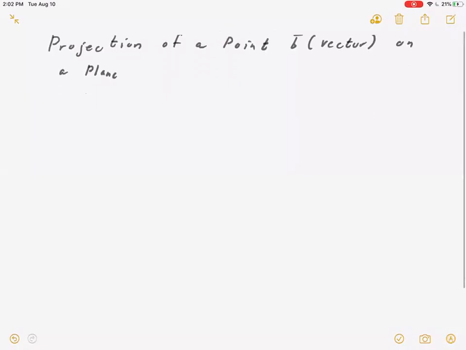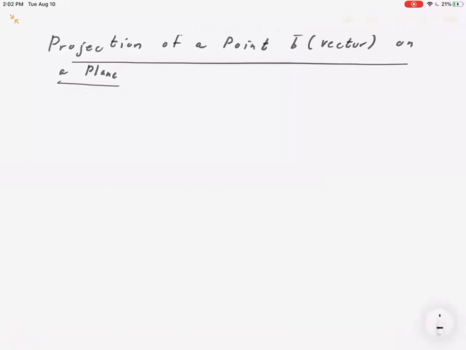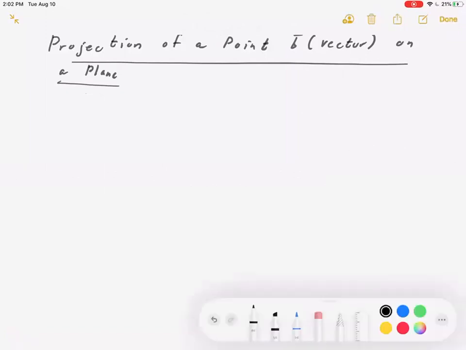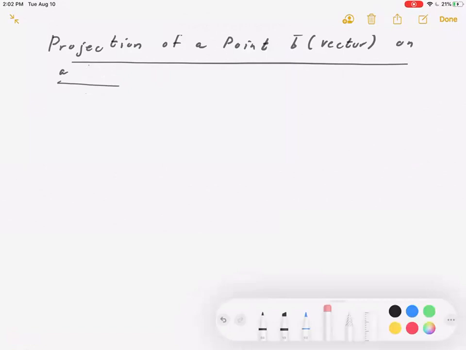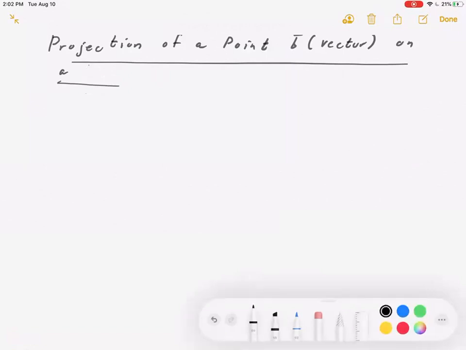And back in lecture 12, I misspoke, jumped ahead of myself. Let me look at first a review of the question of projecting a point on a line. And I'll get to the plane in a minute.